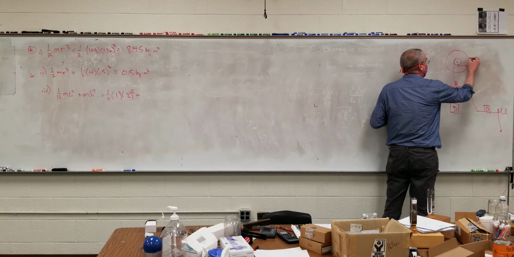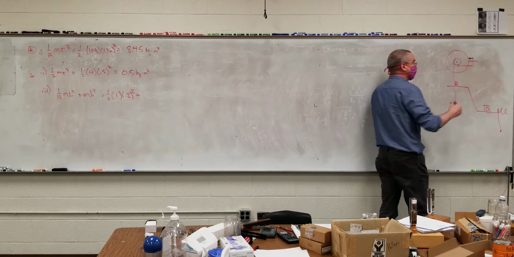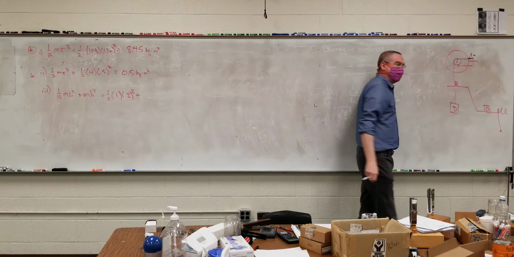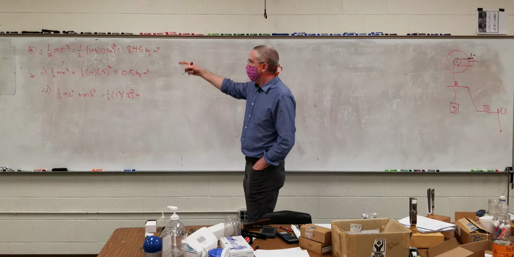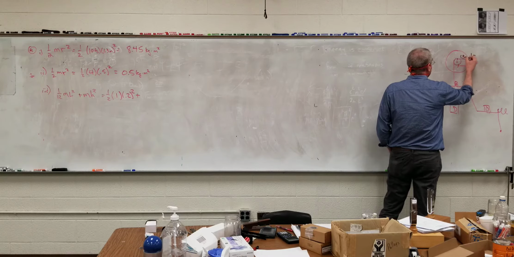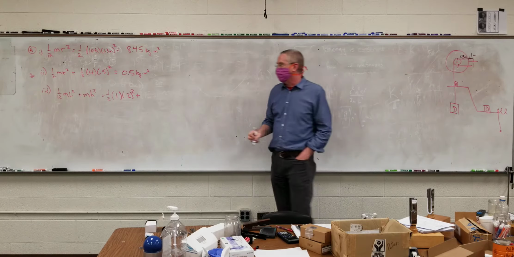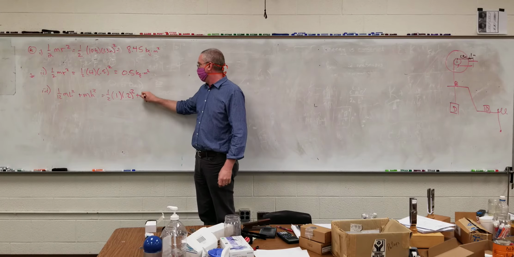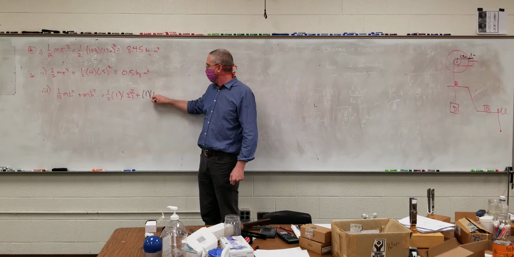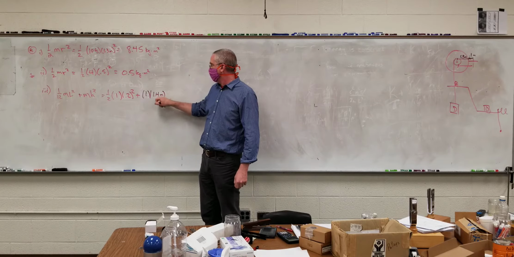It's going to move this far right here, which is half the length, so that's 0.1 meters, plus the radius of the big wheel, which was 1.3 meters. And so the mass is still 1, and the distance that it moved was 1.4 meters, squared.